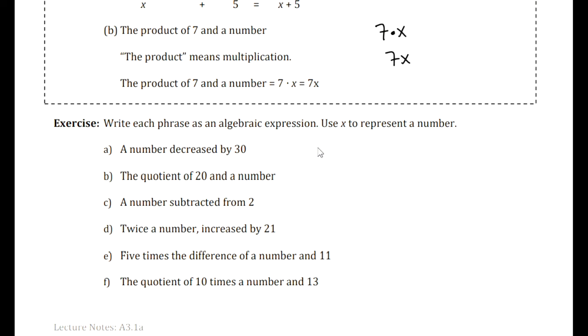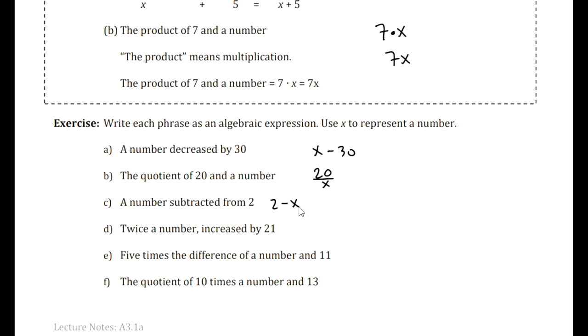So a number, that's our x, decrease is subtraction, so we're going to go x minus 30. The quotient of 20 and a number, quotient is division, a number is unknown, we'll have 20 over x. A number subtracted from 2, we're going to subtract our unknown x from 2.